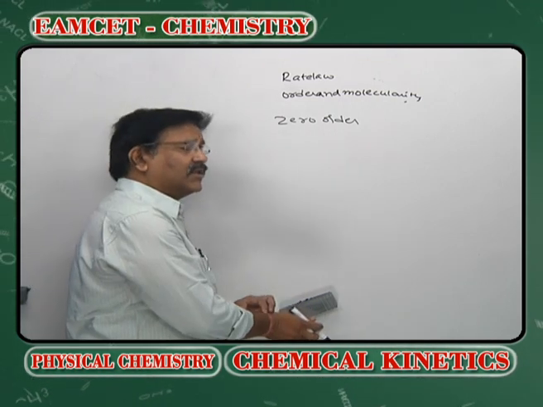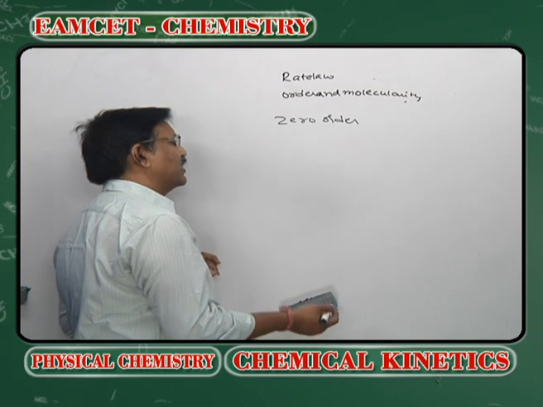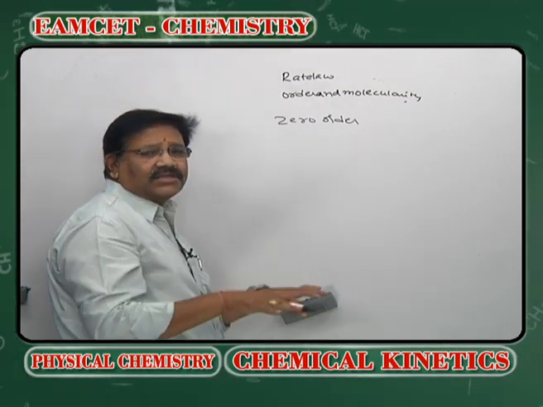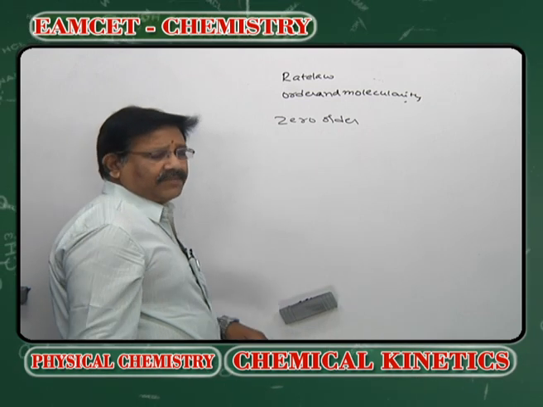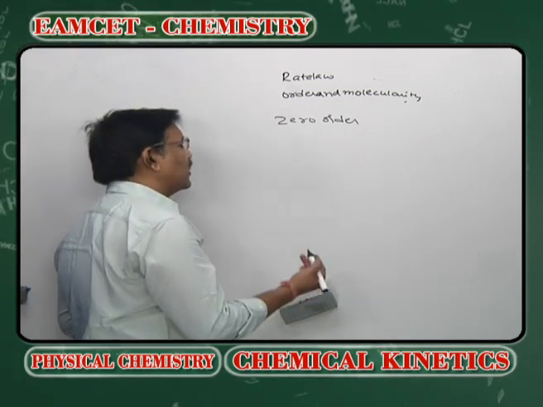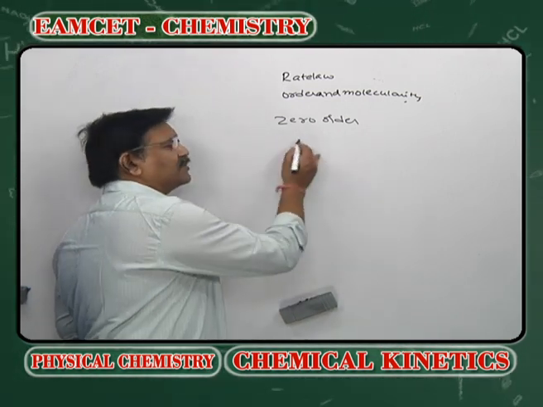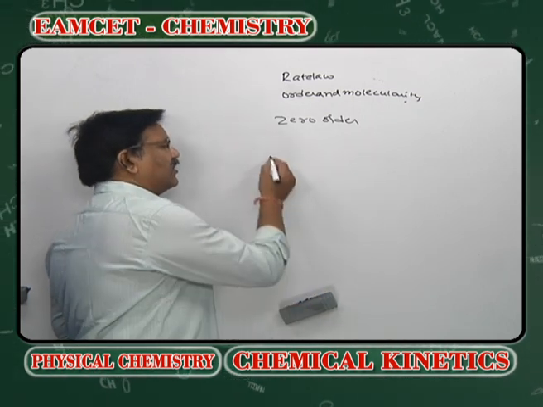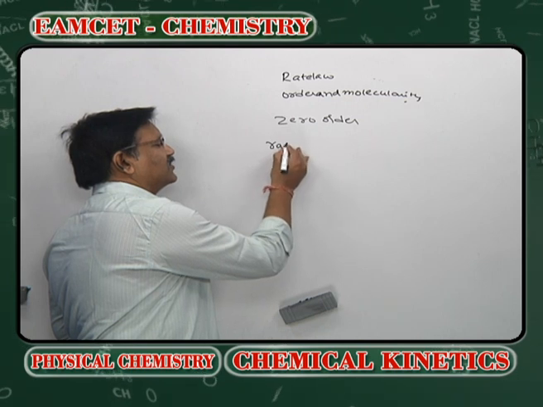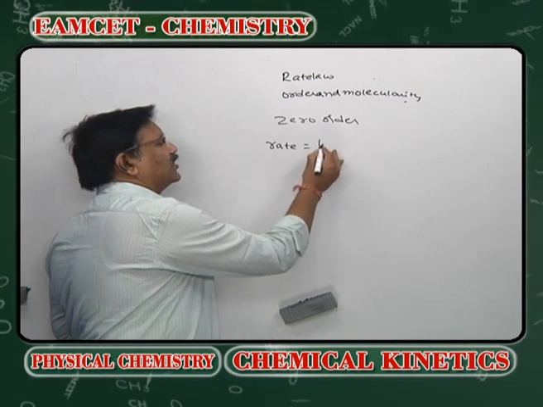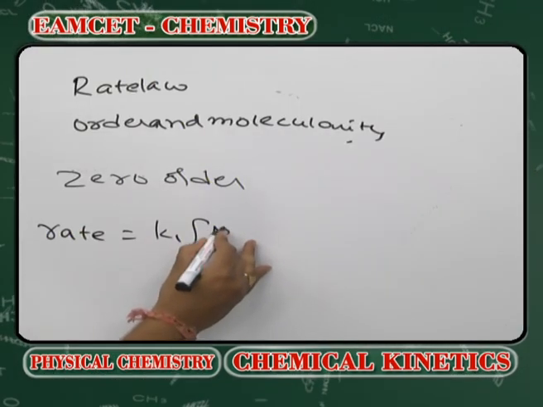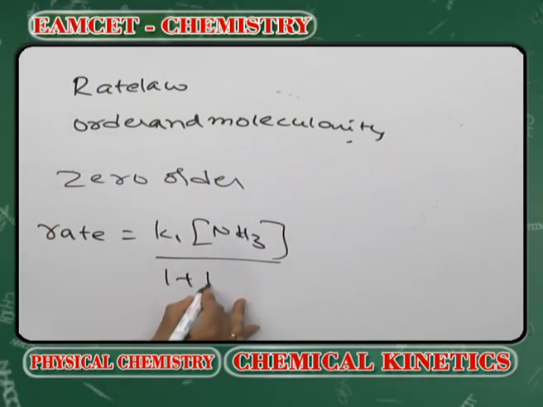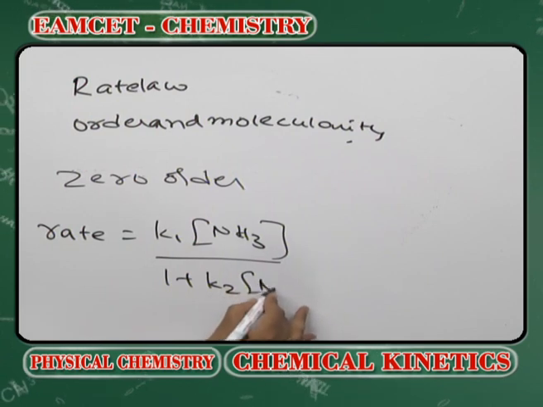And what are the examples for the zero order reaction? Adsorption, decomposition of ammonia on the surface of the metal catalyst. For the adsorption of ammonia on the metal catalyst, the rate expression is given as rate is equal to K1 into NH3 by 1 plus K2 into NH3.